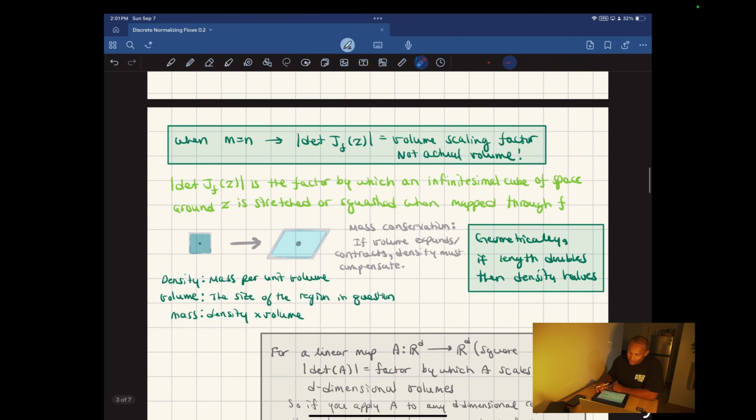Now, the reason why this is important is because there's something called probability conservation. If you think of both of these as probability distributions, then if this is transformed into this, the probability mass has to be conserved. And so if the length of this doubles, then the density has to decrease by half in order for the mass to be conserved.